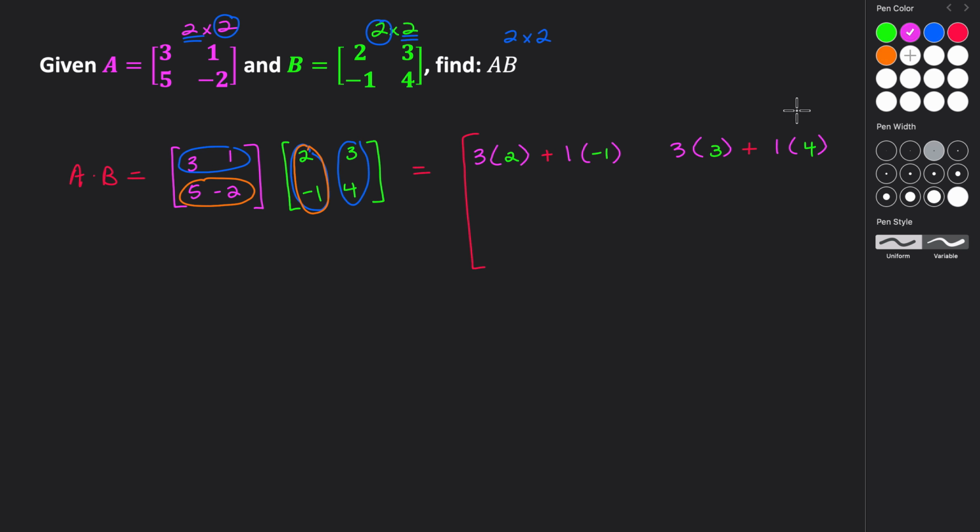When we do that, we get 5 times 2, plus negative 2 times negative 1.